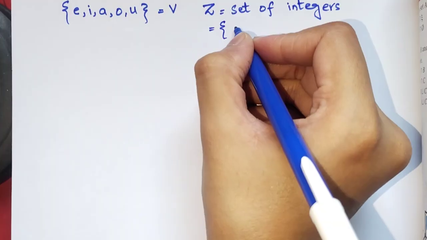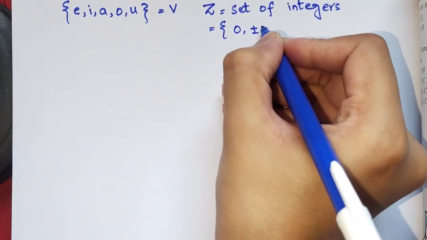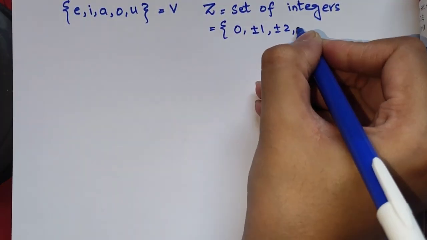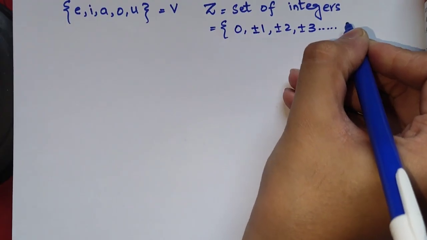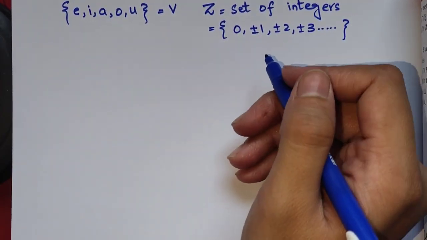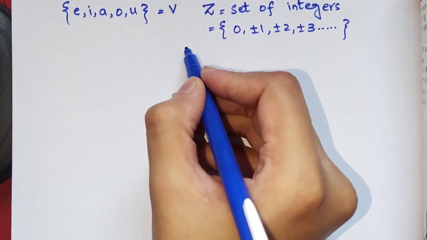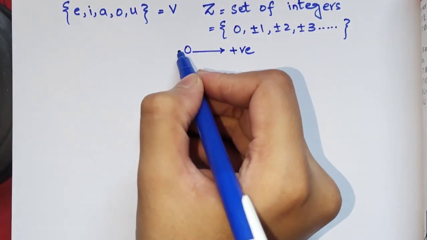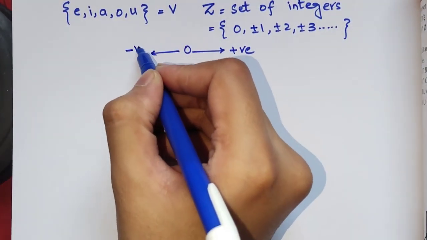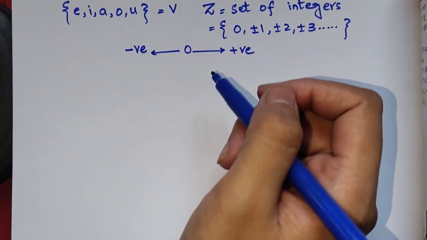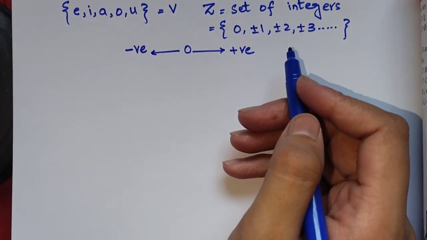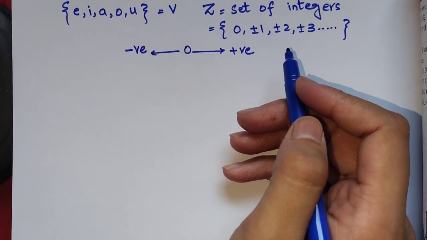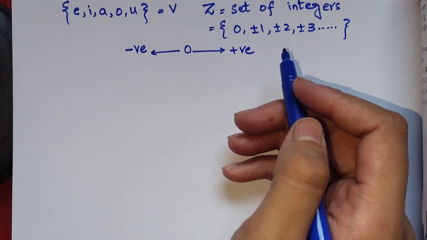It includes 0, ±1, ±2, ±3, and so on, because on the number line 0 is in the center, on this side are the positive values, and on the left side we have negative values. So the set of integers includes both the positive and the negative values.